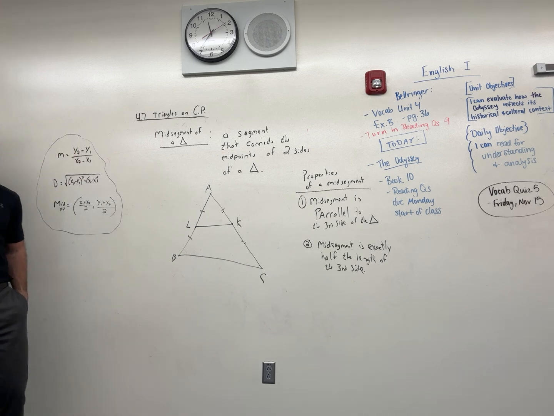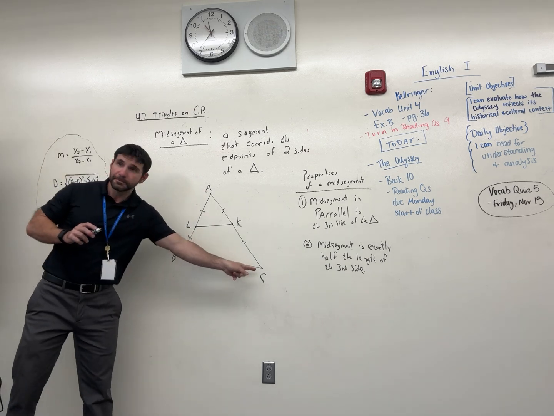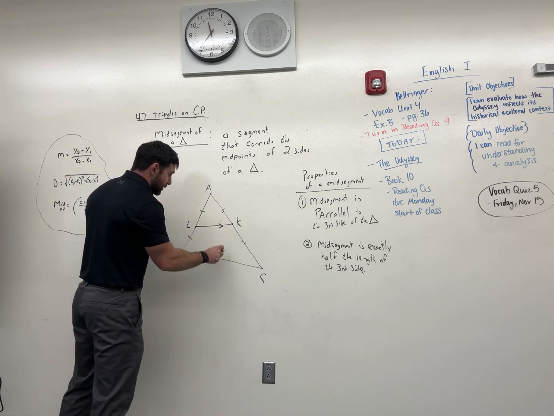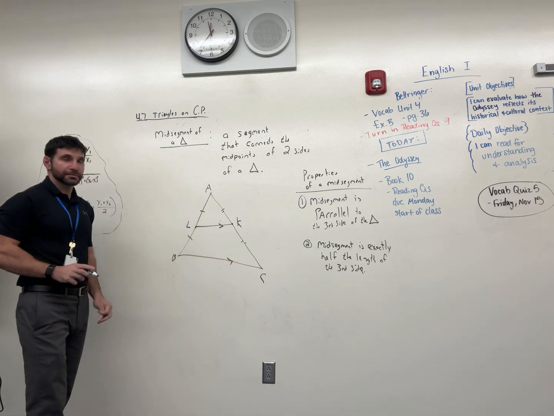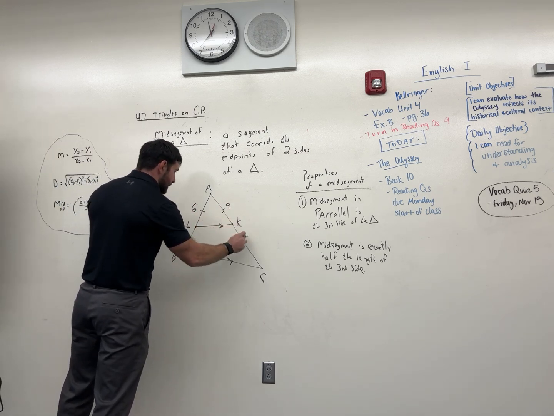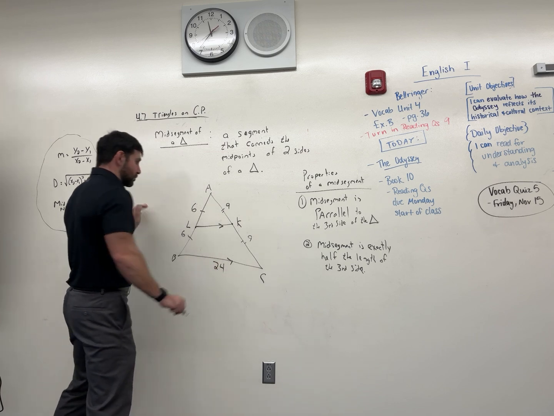What sides are parallel? AB and AC. Oh no, LK and BC. Yeah, the mid-segment is parallel to this. 6, 6, 9, 9, 24.